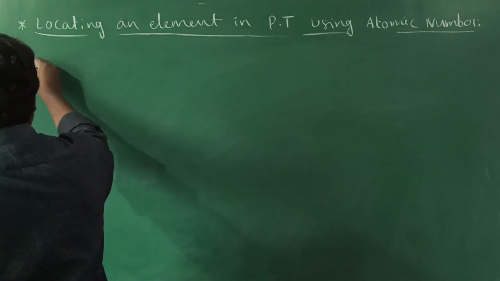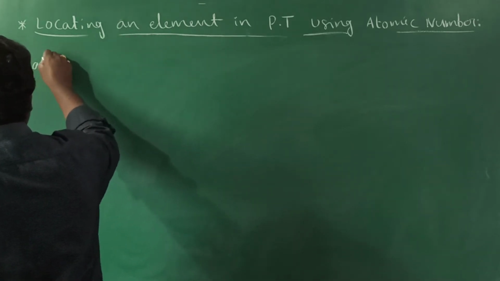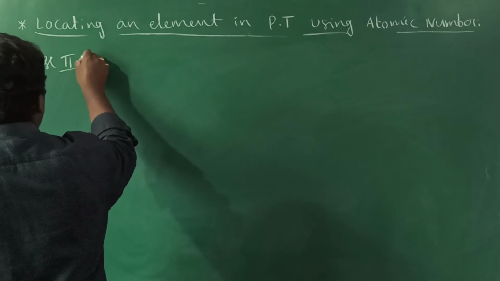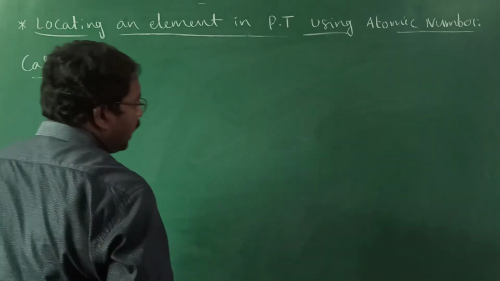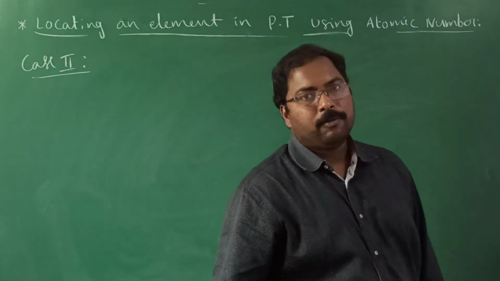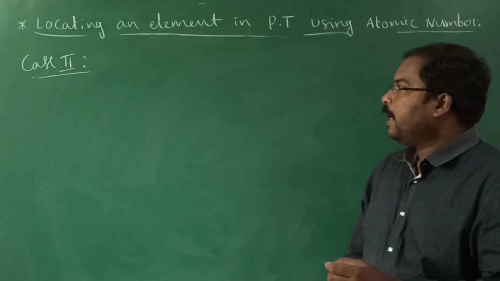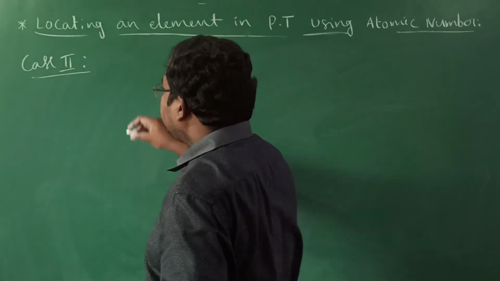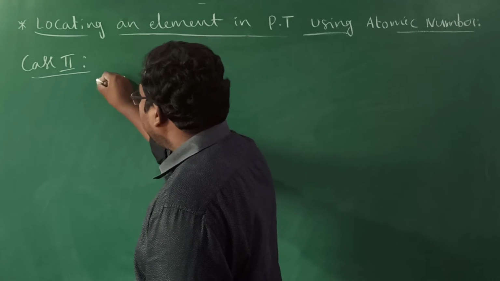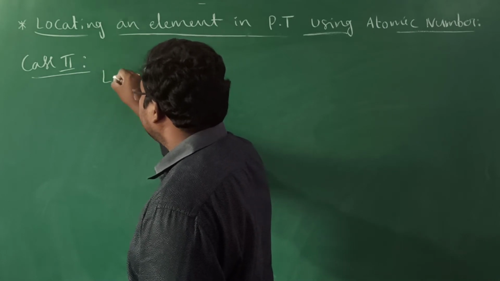Now, let us apply the trick to the elements with atomic number more than 57. Remember the lanthanoids and actinoids.